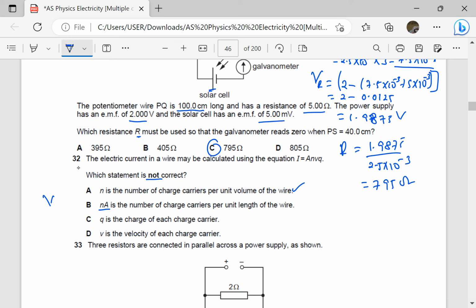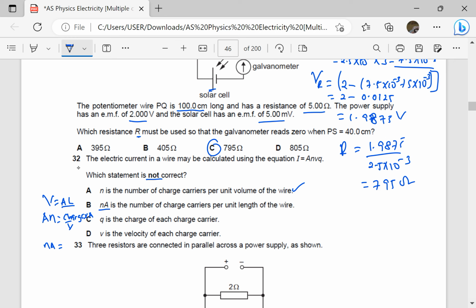So we know that volume is cross-sectional area times length. And N is the number of charge carriers over volume. Remember, volume is A times L. So the number of charge carriers per unit volume, that is N. If I multiply both sides by A, I have NA on that side.